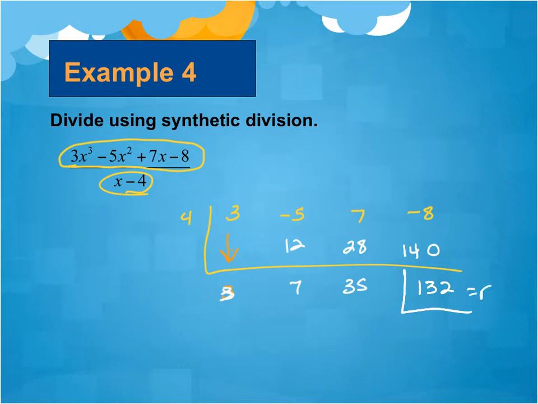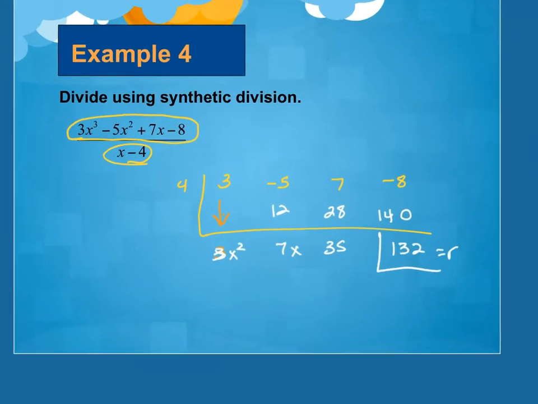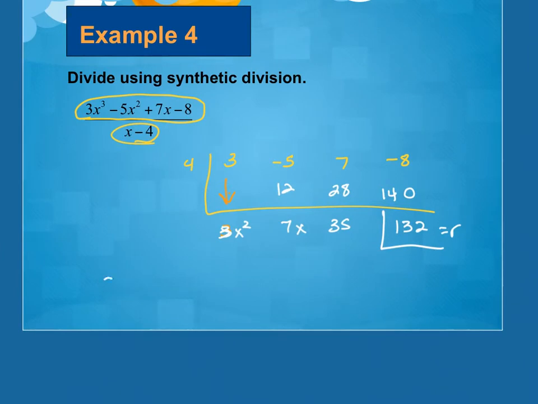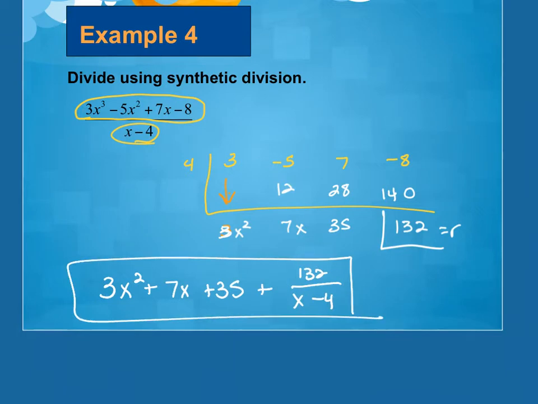Working left, the next one is my constant, then gets the x, then gets the x squared, and I would keep going till I ran out of numbers. So my answer here is 3x squared plus 7x plus 35 plus 132 over x minus 4. Everybody good on synthetic? Because again, you're going to use it a lot.